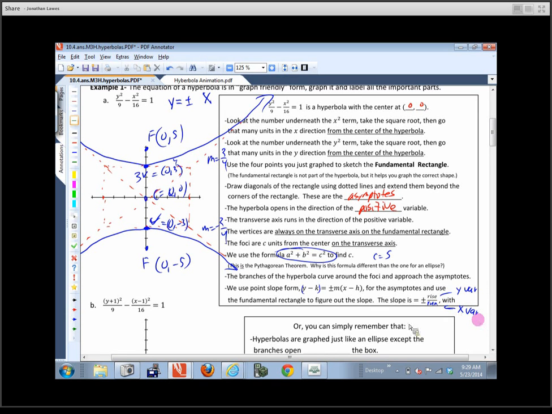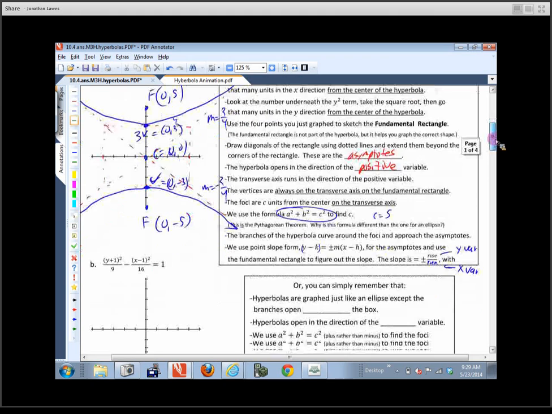So in this case, it's either take the plus or minus, take the square root of that, I put a 3 on the top, take the square root of the number underneath the x, and there we go. There are the two asymptotes. Okay, are there any questions there? Does that make sense?